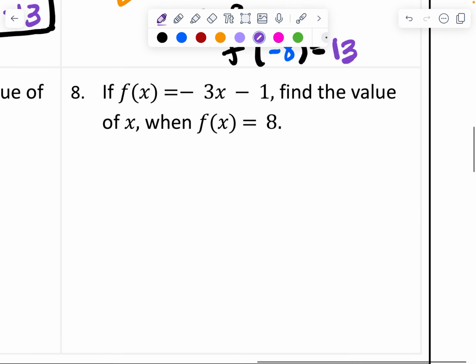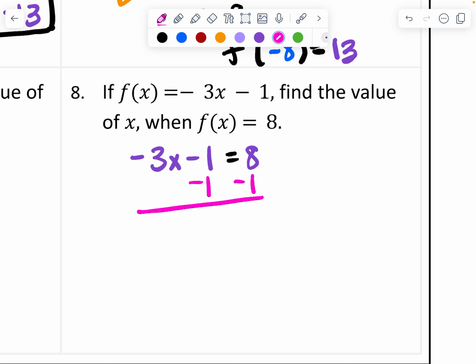Last example, when solving for input given the output, if f of x equals negative 3x minus 1, find the value of x when f of x equals 8. Negative 3x minus 1 equals 8.